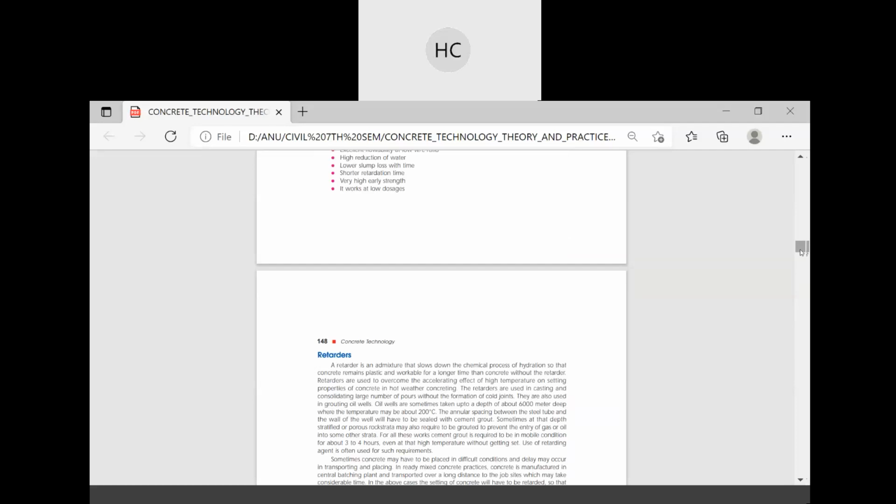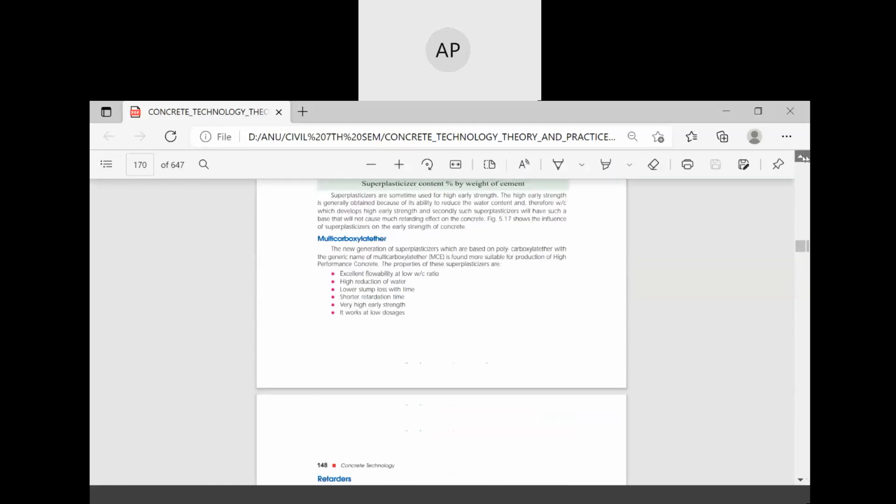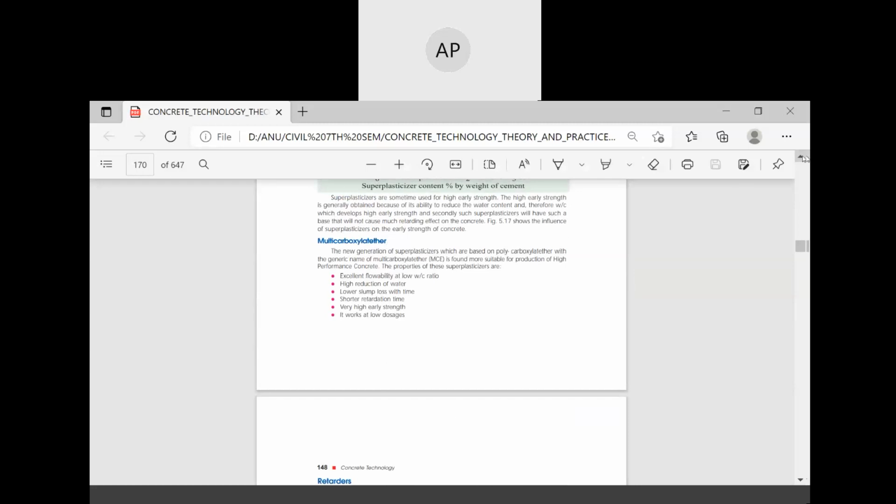Okay, so we have discussed various types of admixtures, and what type of chemicals are used as admixtures. That one we have discussed, isn't it? We have discussed superplasticizers. Let me go to the previous one.